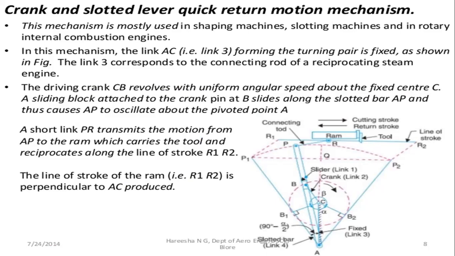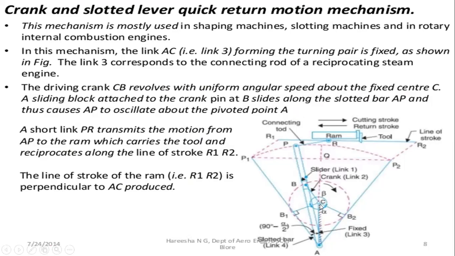And in this mechanism, the link AC, that is the third link forming the turning pair, is the fixed link. So you can see it in the picture also. AC is the fixed link here, and it also forms the turning pair.